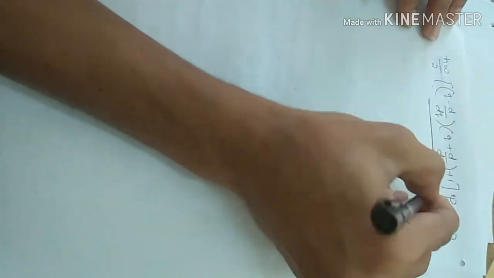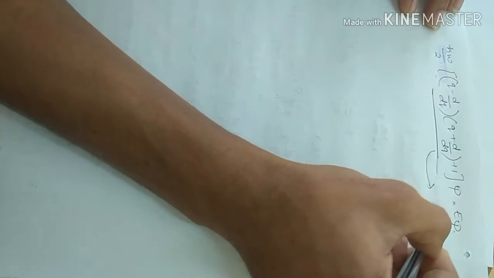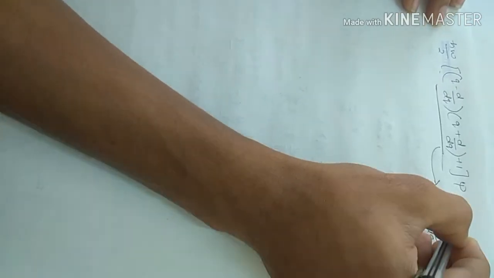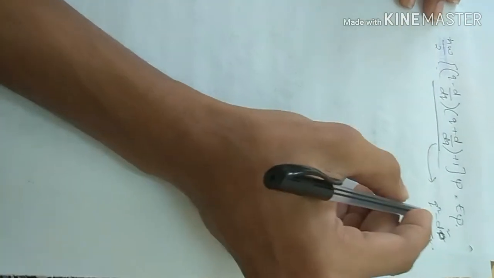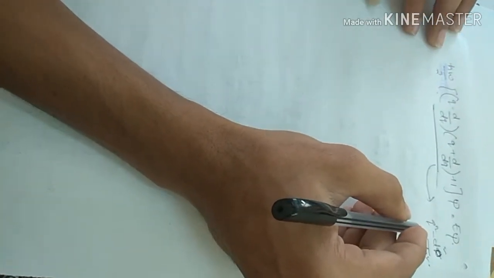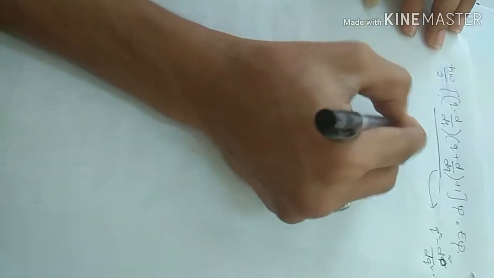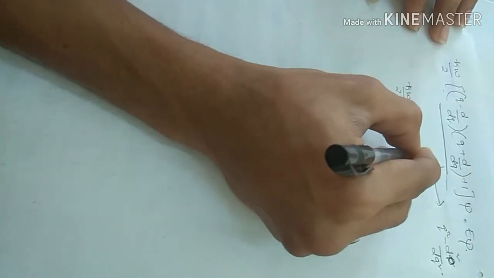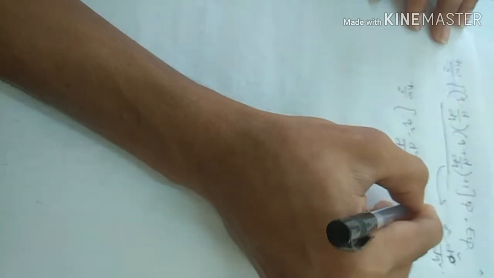This is similar to q square minus d square by dq square. This can be written as h omega by 2 of q square minus d square by dq square of psi equals E psi.